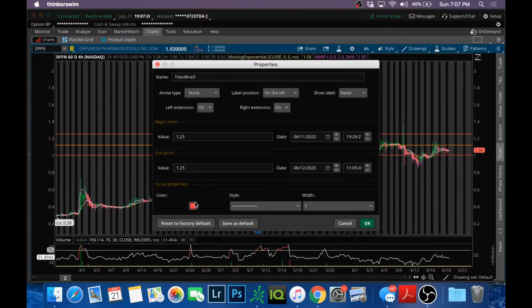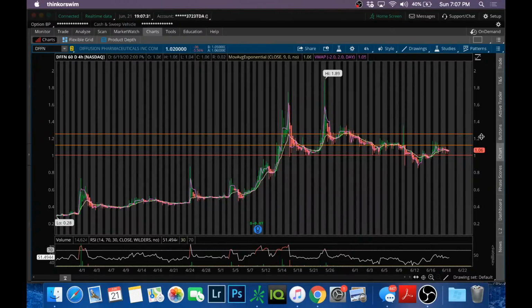And they might be interesting for a COVID play too, because I think they're trying to gear themselves towards that as well right now. And I haven't done enough DD on it. I'm just looking at it from a technical standpoint right now. But that's another case where if you do your due diligence and you know what's going on for the company, you're at an advantage to people like me who don't know anything at the moment.